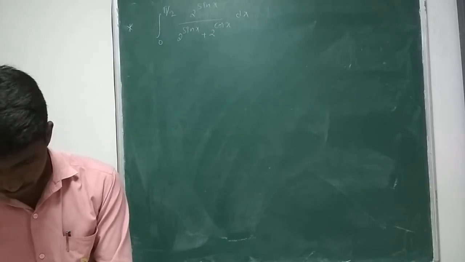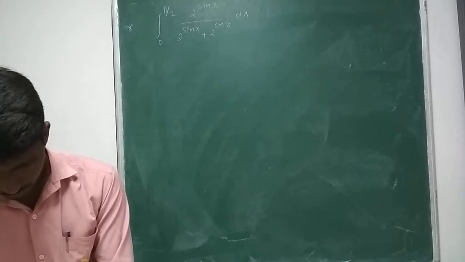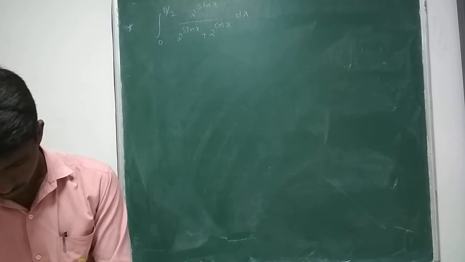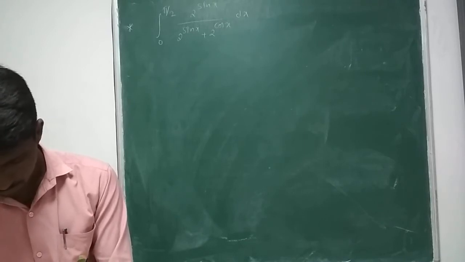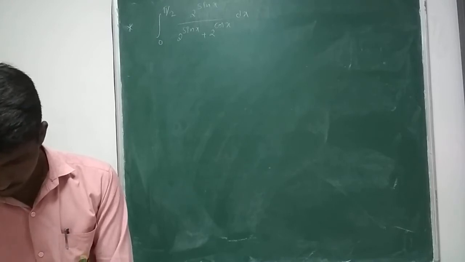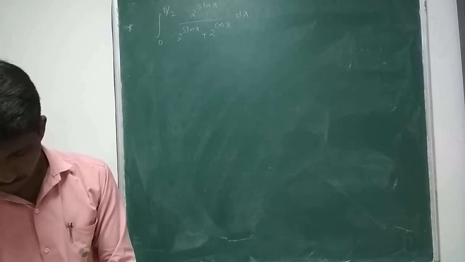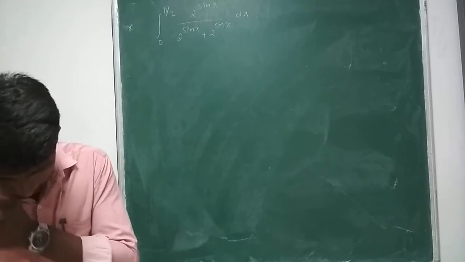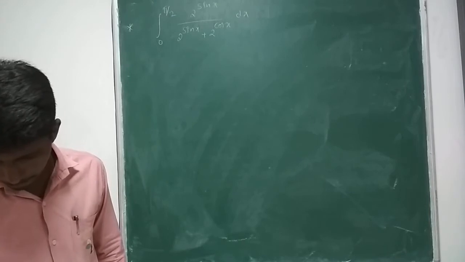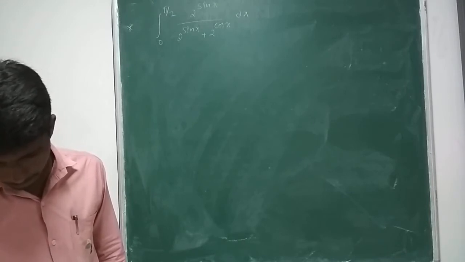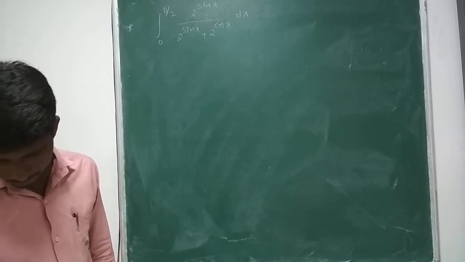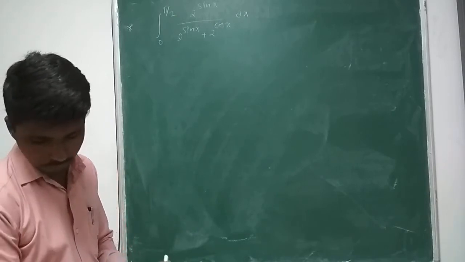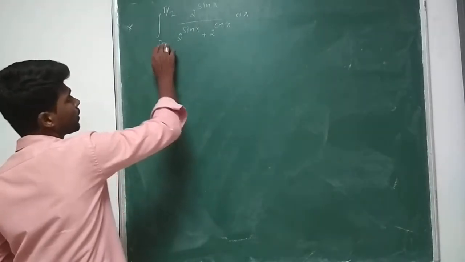Okay, solve. So, the given question: 2 power sin x, and it's given like 0 to a.